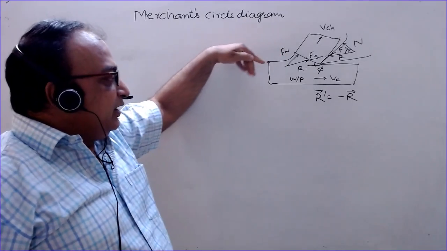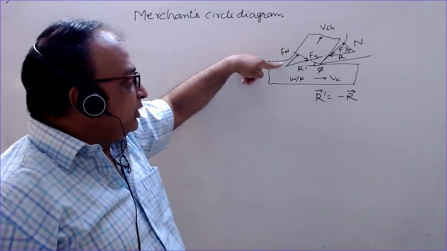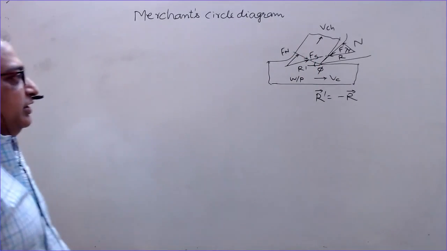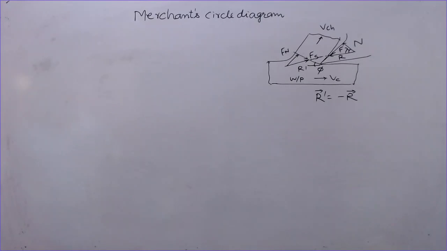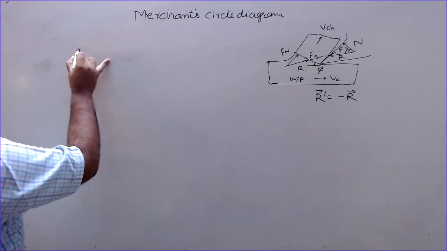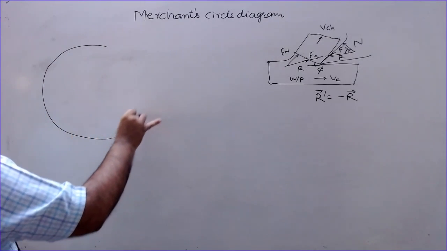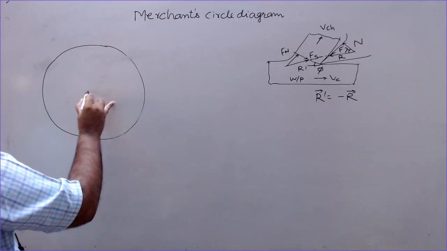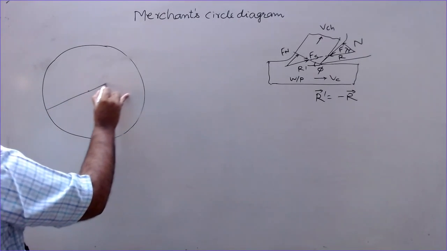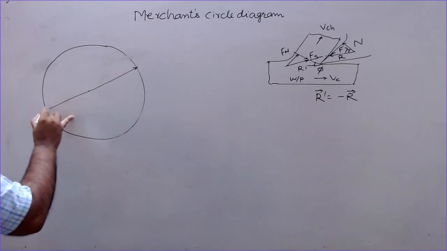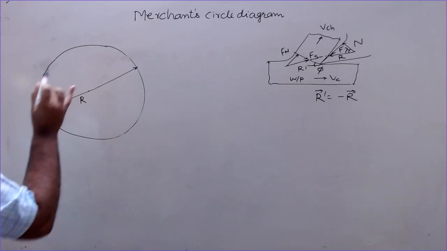So this is acting here, so it can be resolved. One component is the normal force, normal to the shear plane. The other is Fs, which is along the shear plane. These resolved forces can be shown with the help of a circle, the diameter of which is the force R or R dash. So let me draw a circle first. This is the diameter, and this shows the force R or R dash.